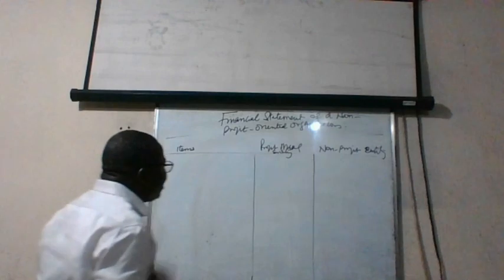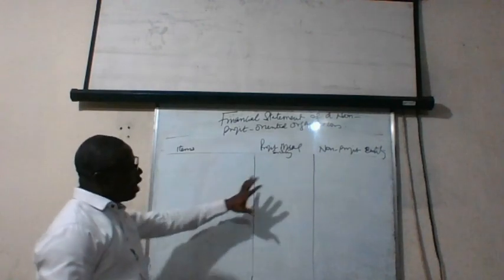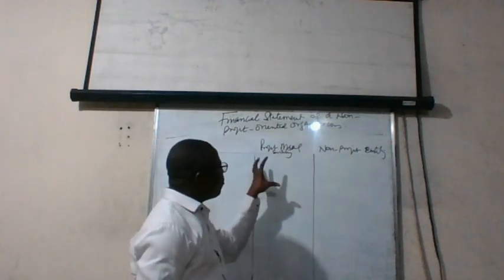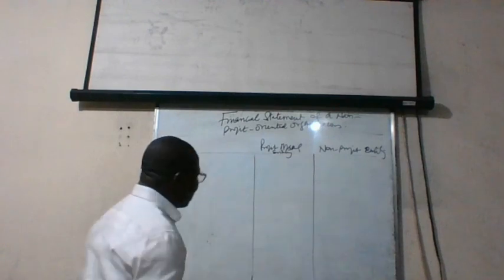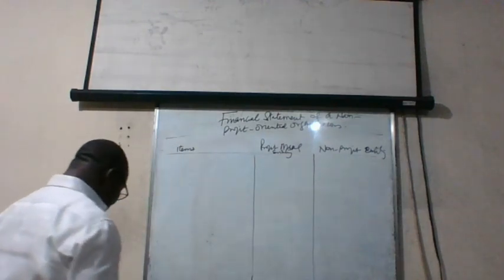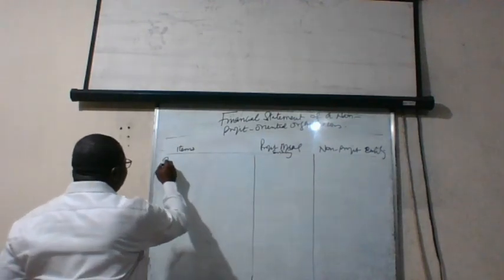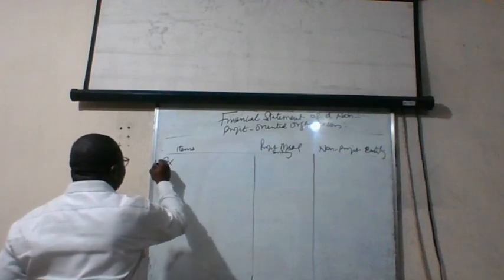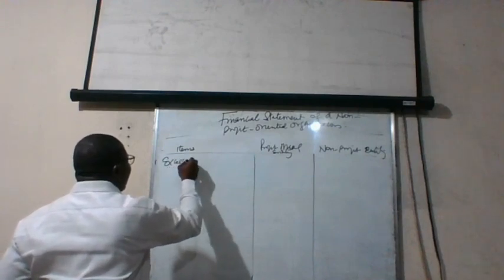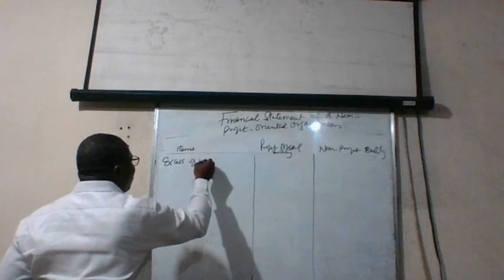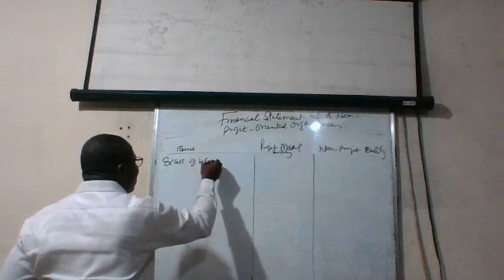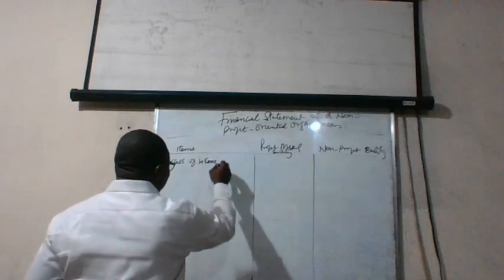Now, let's take the items one by one and look at the differences between profit making and non-profit making. Number one, excess of income over expenses.